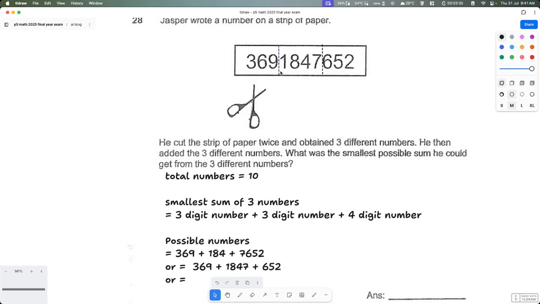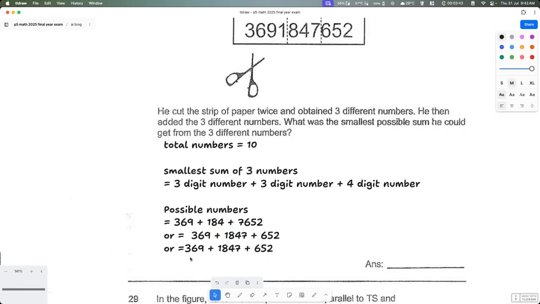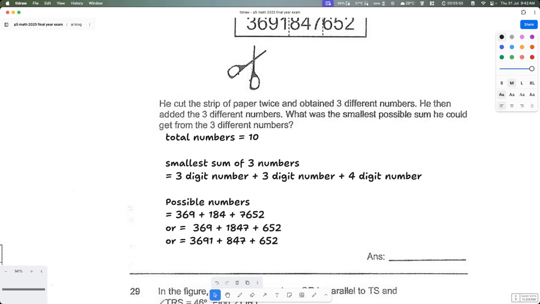Okay, so last one will be somewhere here. We have 3 numbers. So 3691 plus 847 plus 652.